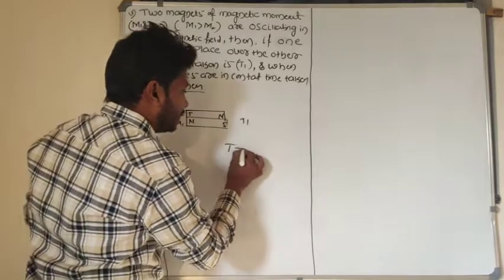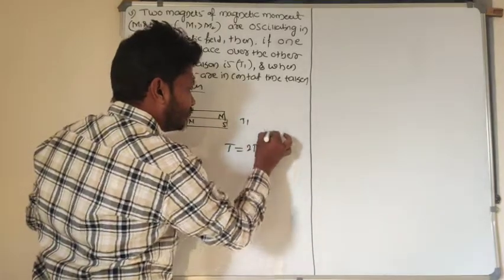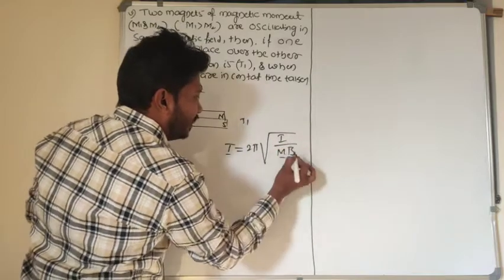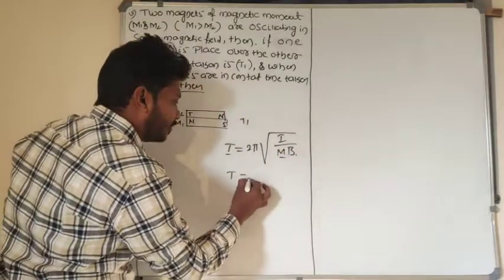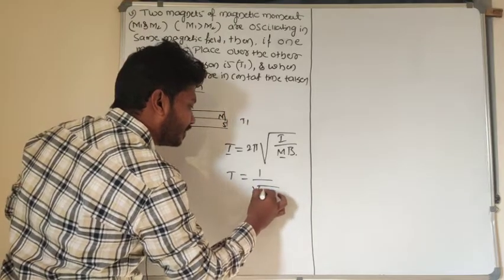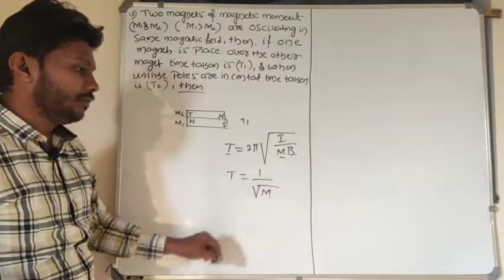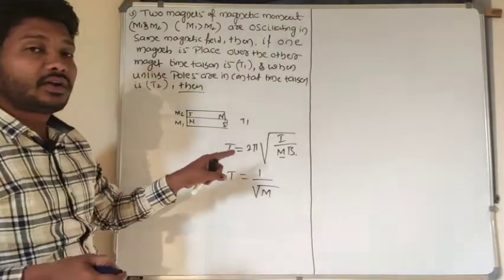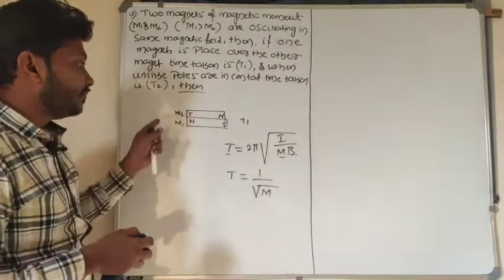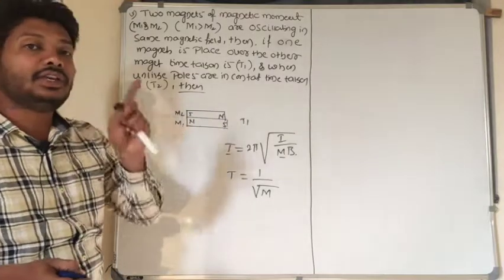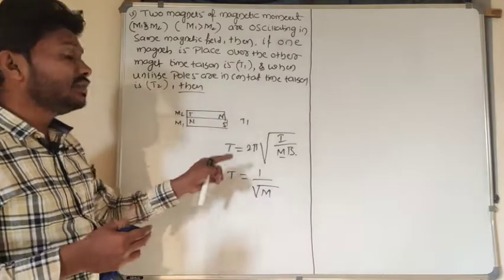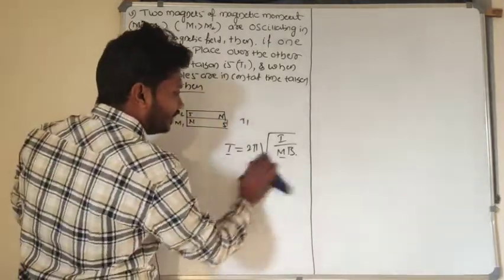So from the connecting formula, T is equal to 2 pi into square root of I divided by m into B. The relation between time period and magnetic moment is that T is inversely proportional to square root of m, right? So when like poles are in contact, the magnetic moments are in the same direction, so m1 plus m2 I can consider, whereas if unlike poles are in contact, then m1 minus m2 I can consider.